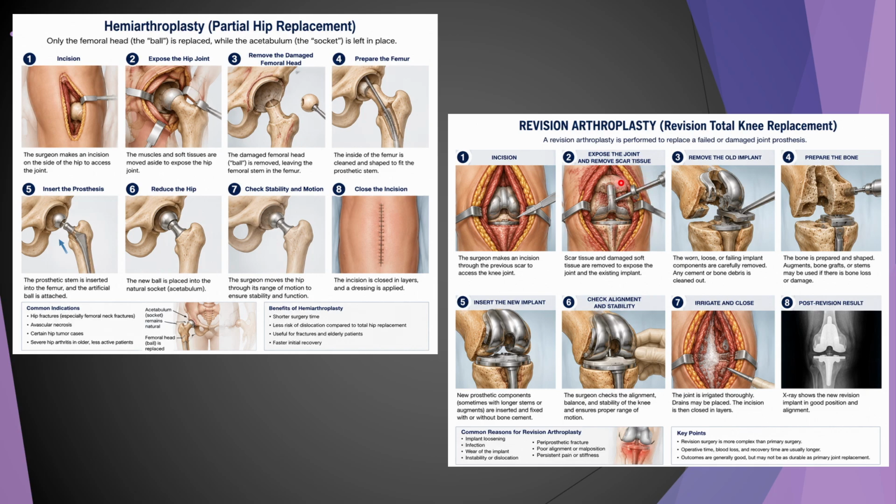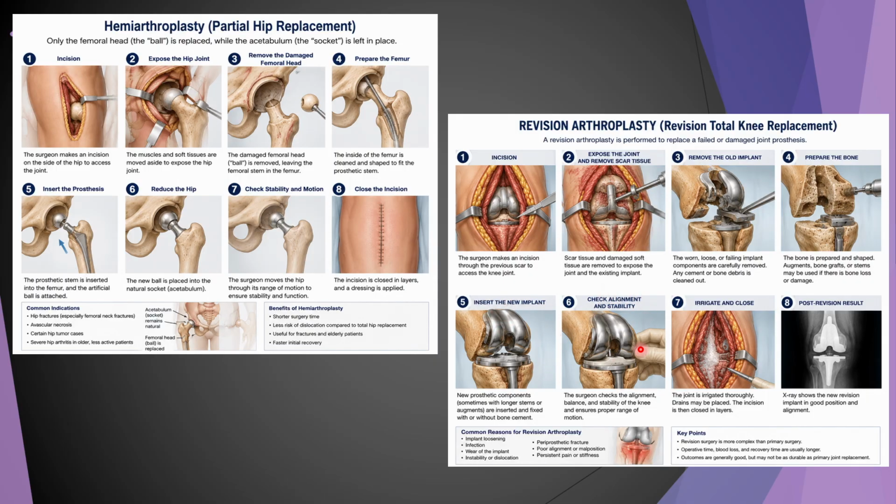Coming to revision arthroplasty, an example of the knee: revision of a total knee replacement. First the incision will be done. After that he will expose the joint, remove the scar and tissue, and remove the old implant. After removal of the old implant, he will prepare the surface again and insert the new implant.